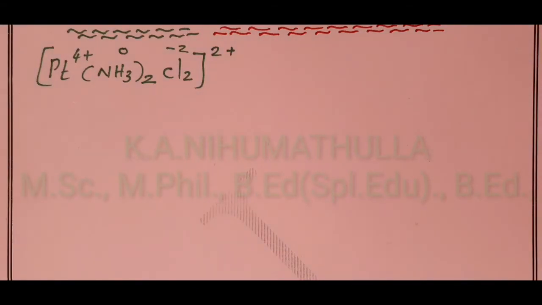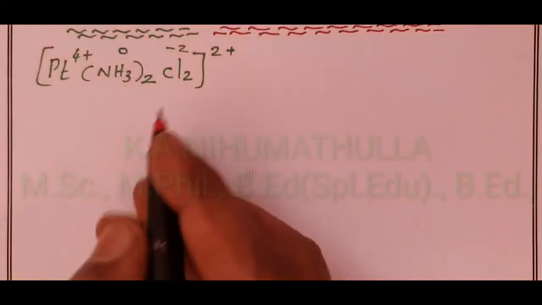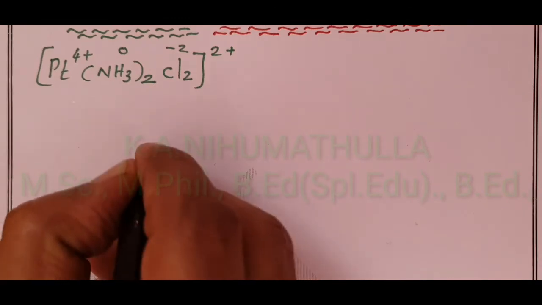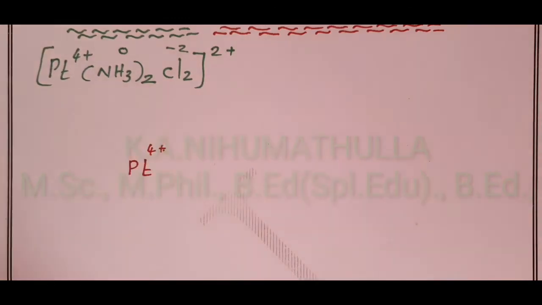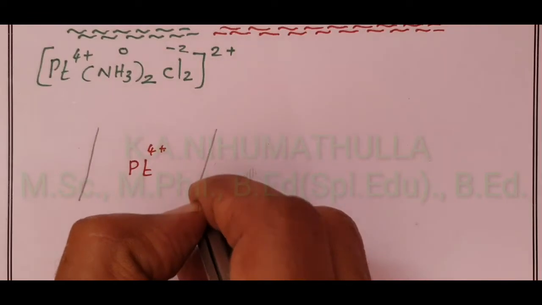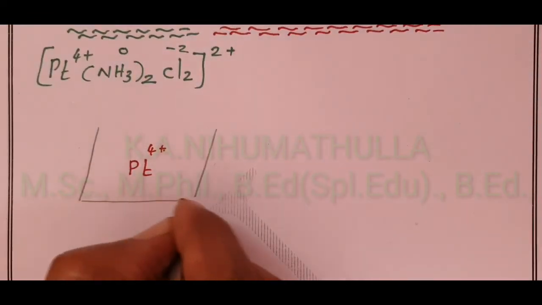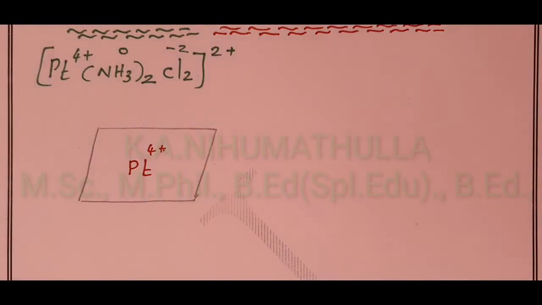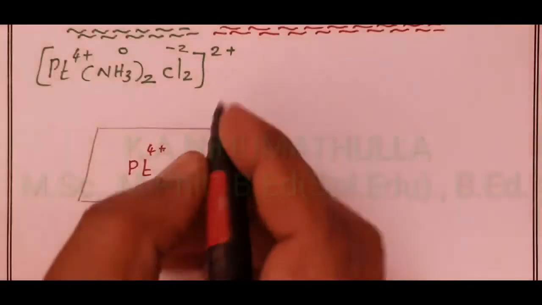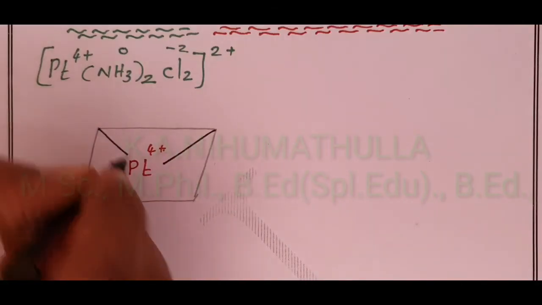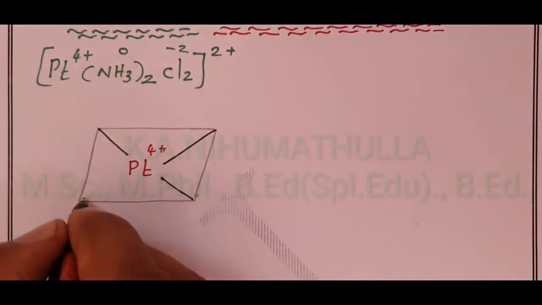Pt, platinum, is the central metal ion, 4 plus complex. We know this comes under square planar complex. Cis-trans isomerism occurs only in square planar complexes. 4 bonds are joined with the central metal ion: 1, 2, 3, 4.